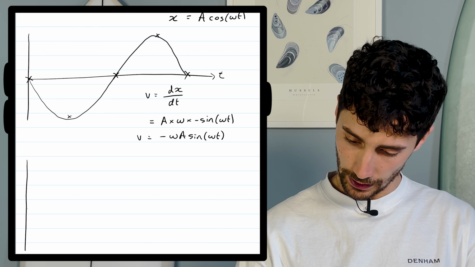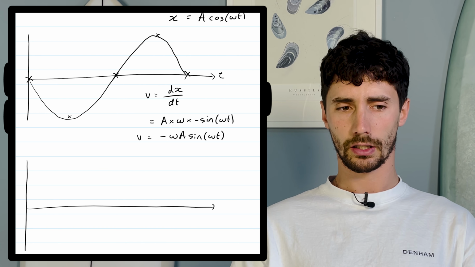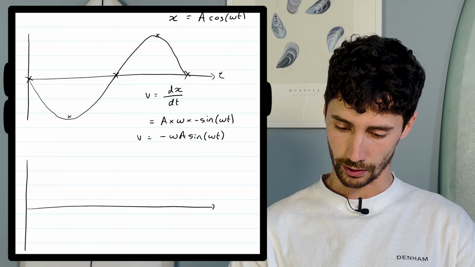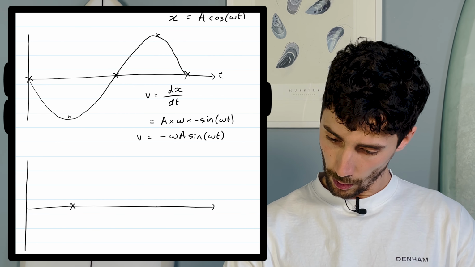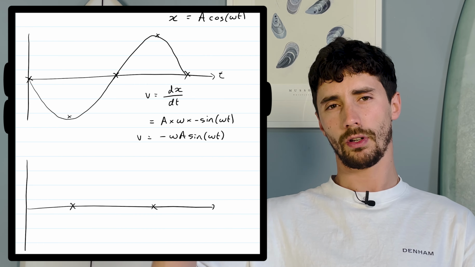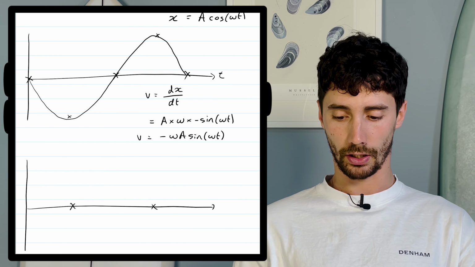Now looking at acceleration, well, acceleration at equilibrium is 0 because there is no restoring force. When our displacement is at a positive maximum, the acceleration is towards the negative side.